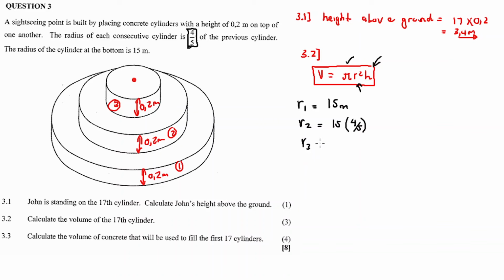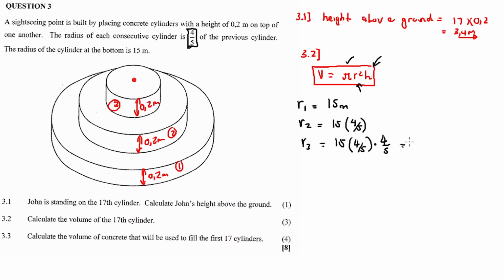The radius for the third cylinder is 15 times 4 over 5 times another 4 over 5. The radius of each consecutive cylinder is 4 over 5 of the previous one, so every time I take the previous radius and multiply by 4 over 5.